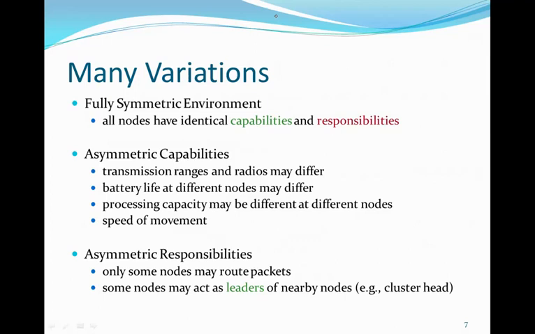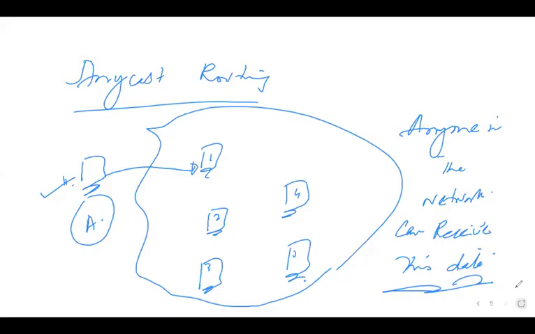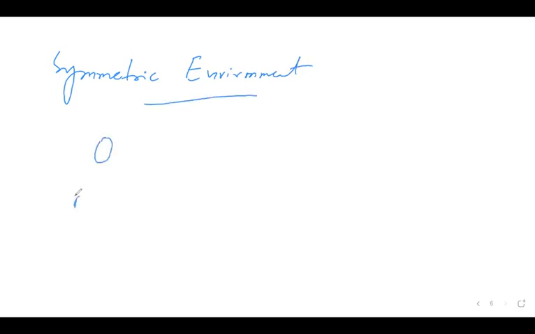And you can see here that, for example, if we have a node in this network, and that is a symmetric environment, as we discussed here, then the nodes have the same capabilities and responsibilities.